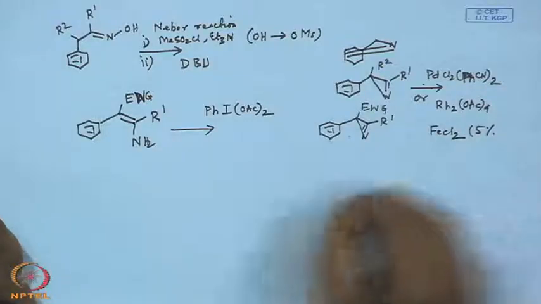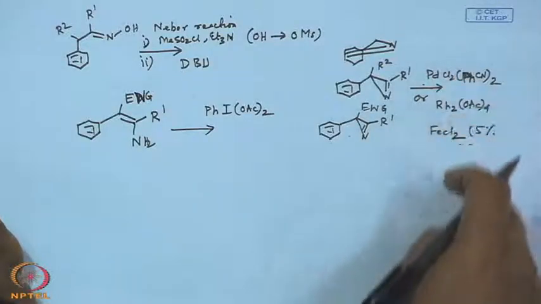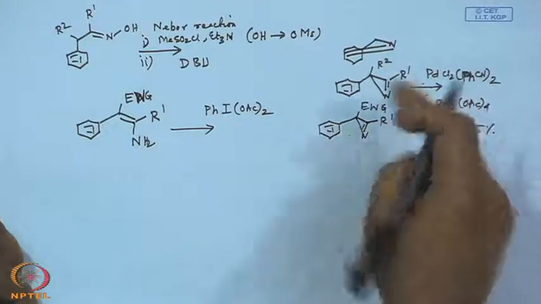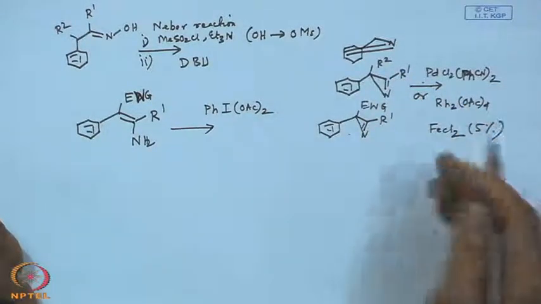And then the latest one, which is pretty interesting, has been published in 2010, and what you add is nothing but ferrous chloride, and that too with only 5%. So, you see the trend here: palladium is expensive, rhodium almost equally expensive, but ferrous chloride is pretty cheap.